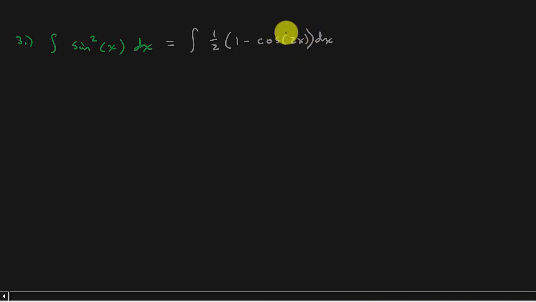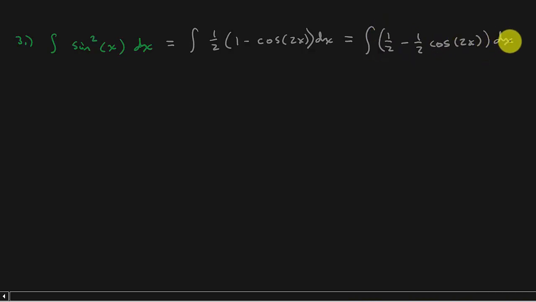And then if we run into something like this again, I'll kind of explain how we can do this real quick in our head too. All right, so first thing I want to do is split this up. So first, let's say 1/2 minus 1/2 cosine 2x dx.